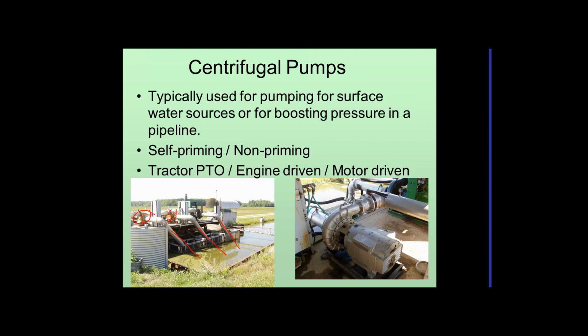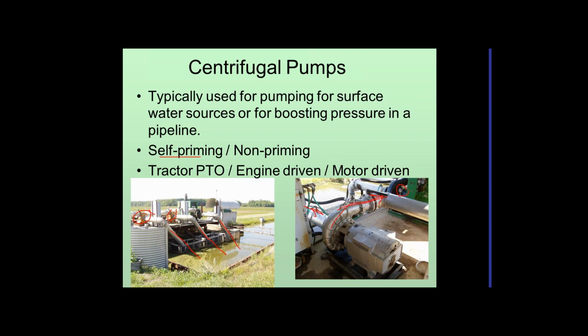On the right here shows it a little better. This is the inlet here, and this is the outlet going out this way to whatever use. We've got a pressure gauge right here. They can be tractor driven, engine driven, or in this case, motor driven.